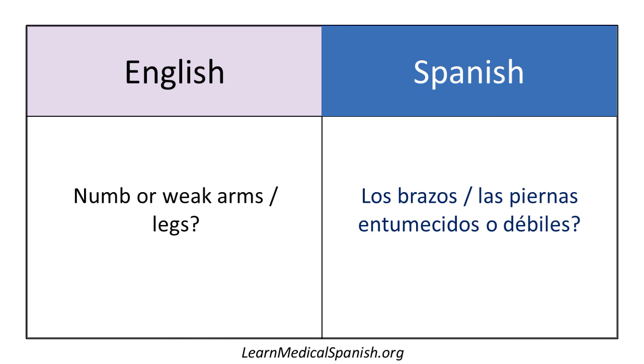That's a mouthful, so just in case it's not clear, brazos means arms, piernas means legs, entumecido means numb, and débil, or débiles for anything plural, means weak.